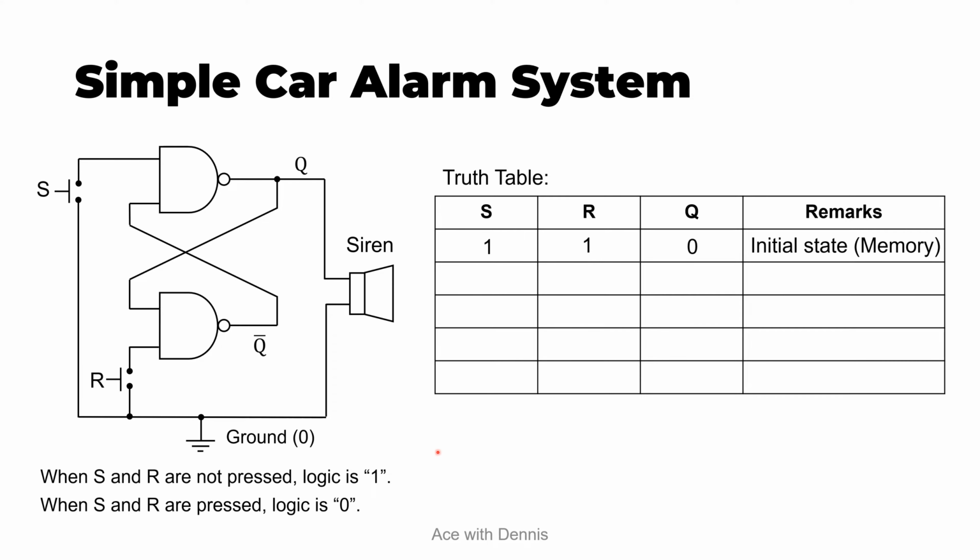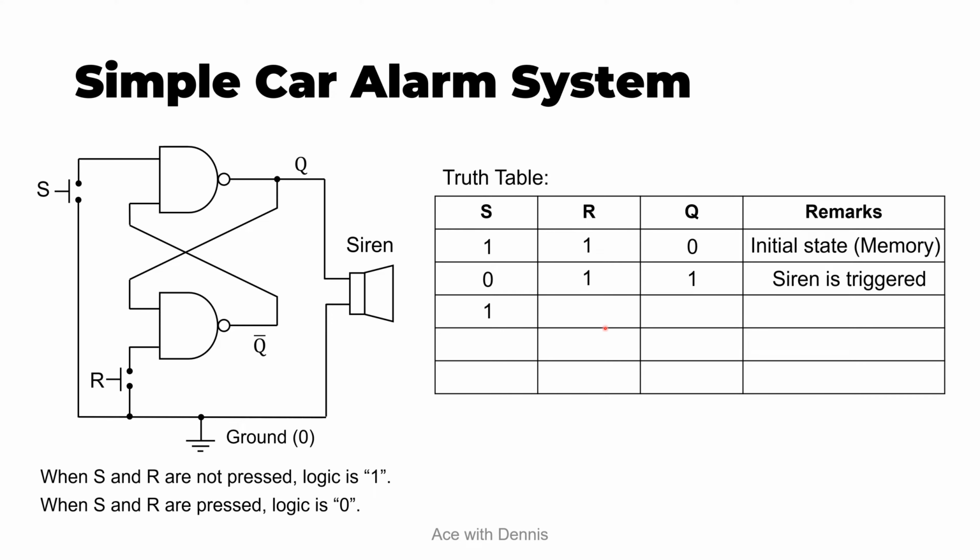Now remember the case where a thief or intruder tries to open the car. When the intruder opens the car, it actually presses the S button. Then S is 0 and R is 1. So this sets Q to be 1, and hence current flows into the siren and it is triggered.